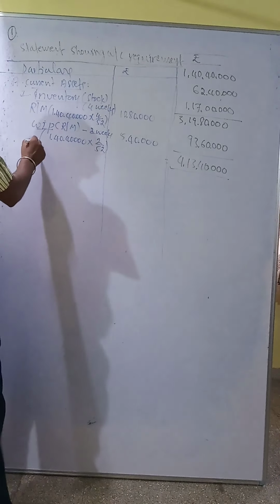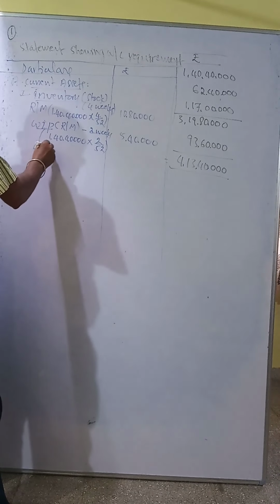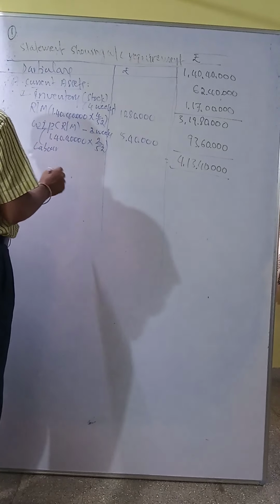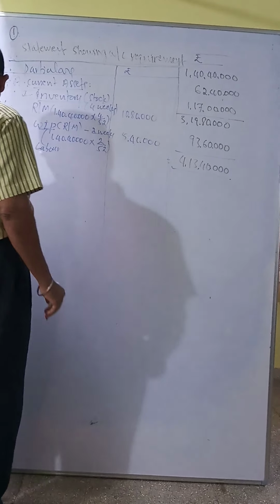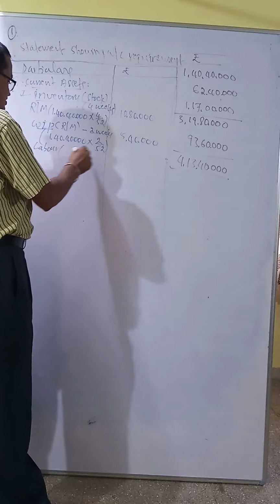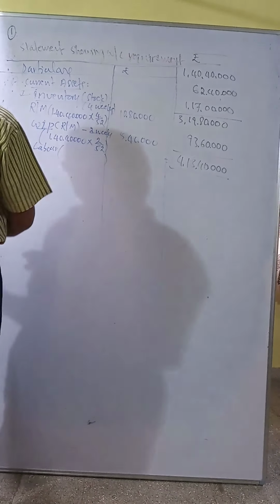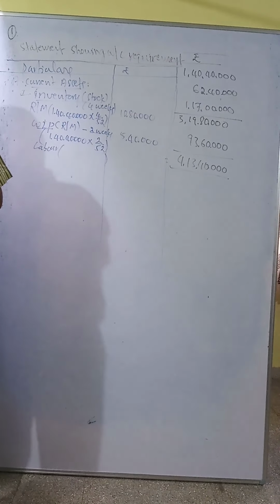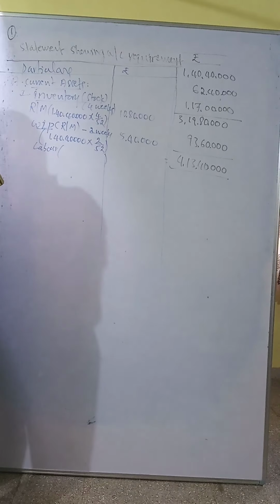Then you have to take labor cost. You have to add material, work in progress, labor. In labor, they have given wages required. Labor, 2 weeks they have given.